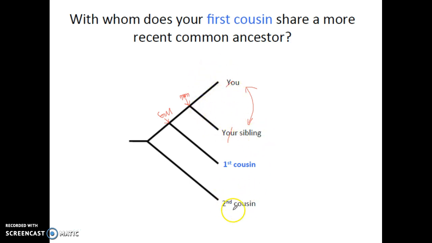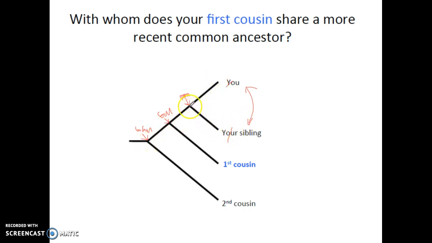The last one is second cousin. You, your sibling, first cousin, and second cousin will share a great-grandmother, and your great-grandmother is going to be right here. GM. And how you can find it is that you start at the tip of the tree, you trace the line back this way.